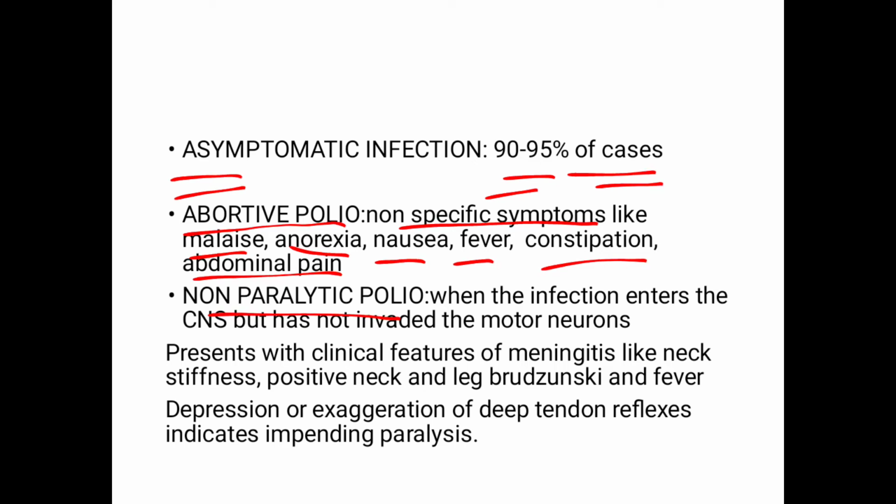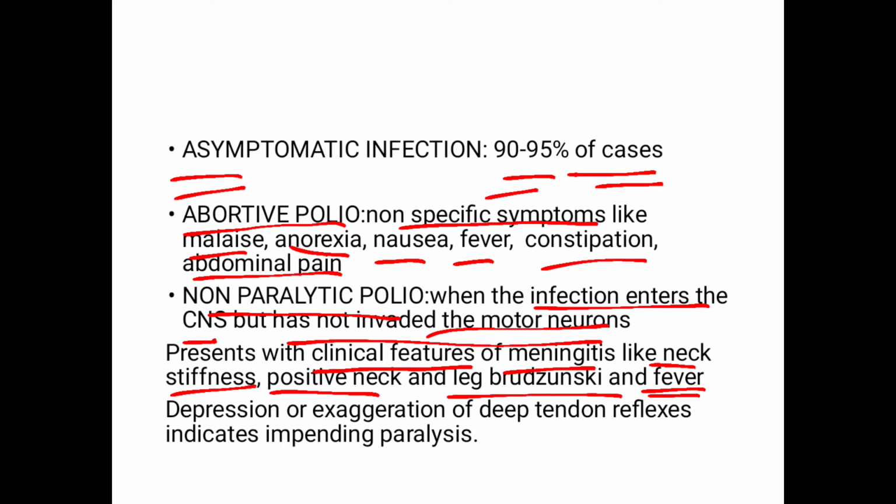The non-paralytic polio is present when the infection enters the CNS, but it has not invaded the motor neurons. When it invades the motor neurons, it will be causing the paralytic poliomyelitis. So when it gets into your CNS, it will be irritating the meninges, and ultimately it will be presenting with clinical features of meningitis like neck stiffness, positive Kernig's and Brudzinski signs, which are usually the signs which we elicit while checking for meningitis, and fever.